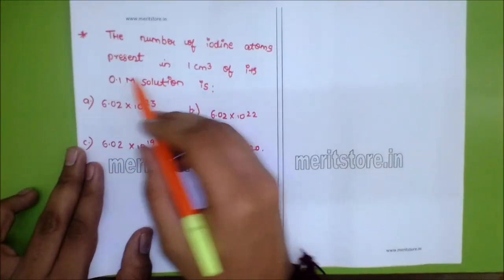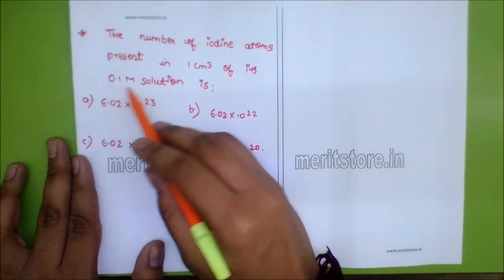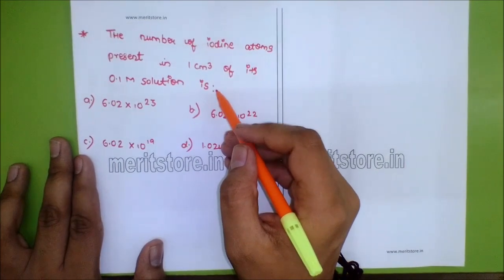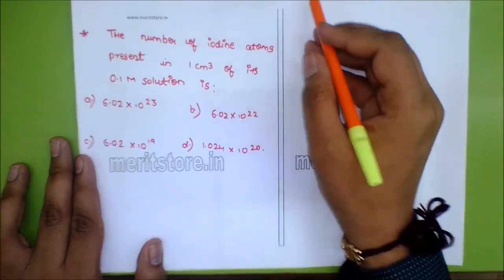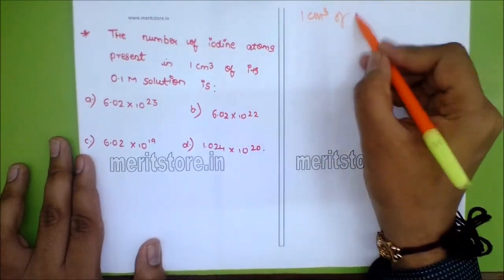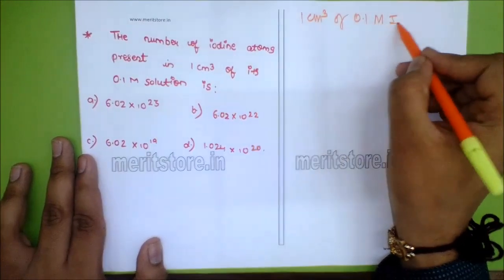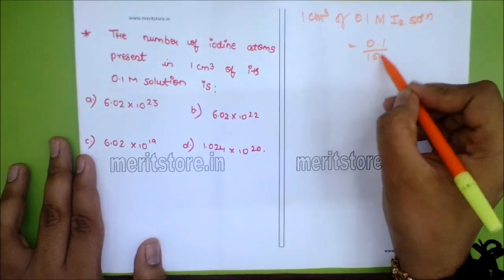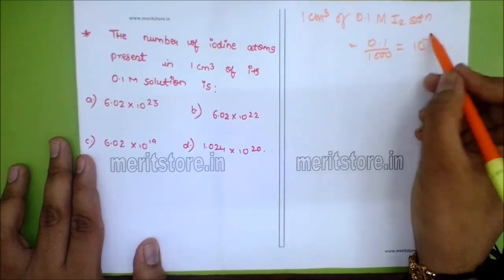The number of iodine atoms present in 1 centimeter cube of its 0.1 molar solution is. Now to solve this question, we know 1 centimeter cube of 0.1 molar iodine solution is equal to 0.1 upon 1000, which is 10 raised to minus 4 mole.